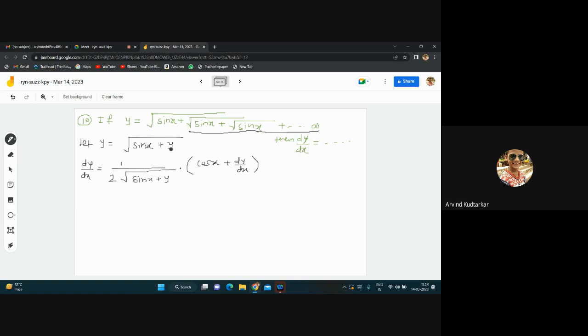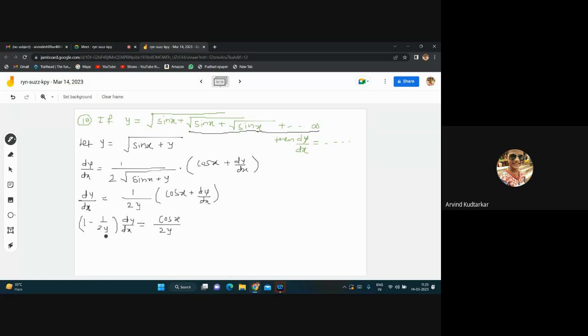So dy by dx minus 1 by 2y into dy by dx, meaning you write 1 minus 1 by 2y into dy by dx, is equal to cos x upon 2y.